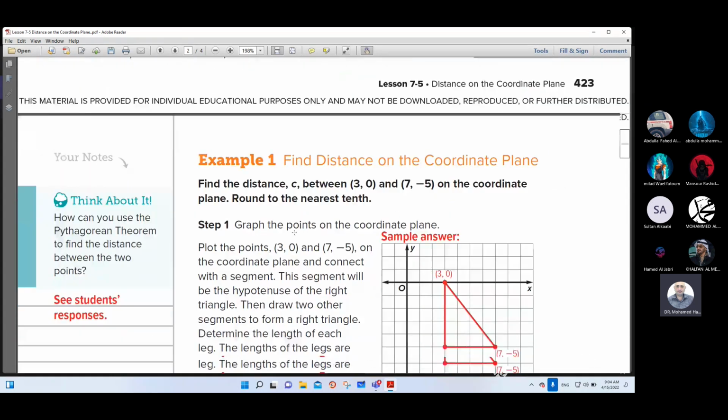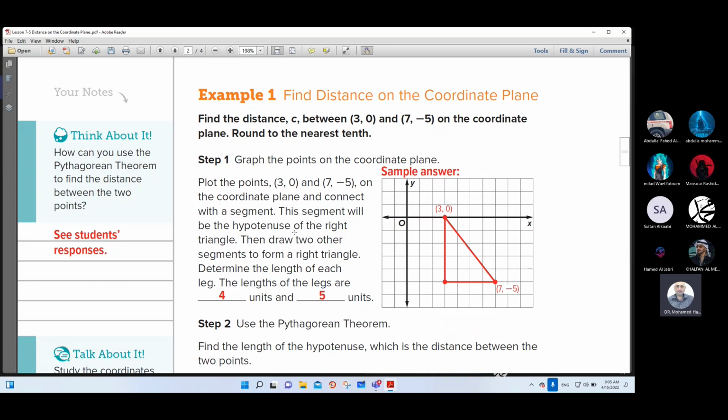The second example here, find distance on the coordinate plane. Find the distance c between (3, 0), this is the first point here, and (7, -5), this is the second point in the coordinate plane, round to the nearest tenth.